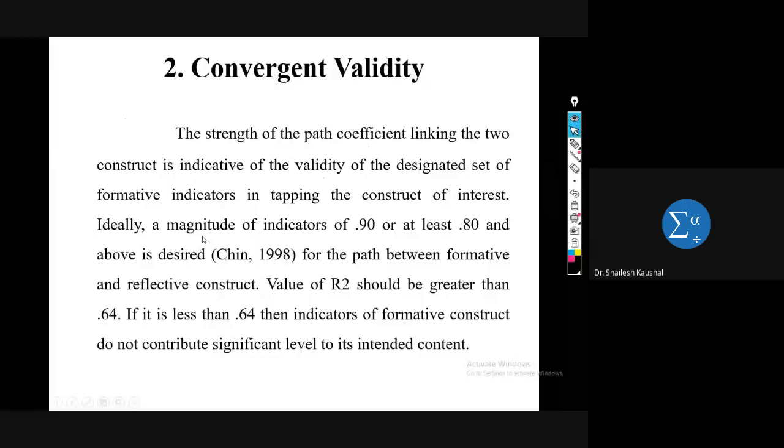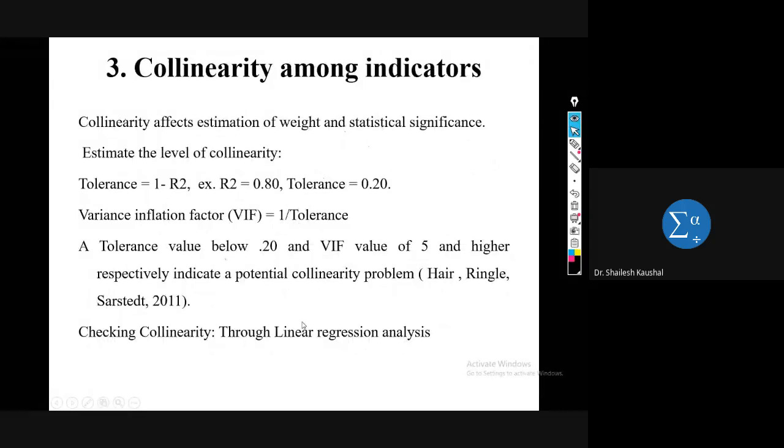Now second is convergent validity, and the R square value should be greater than 0.64. And the collinearity issue. Collinearity means tolerance and VIF. If the tolerance value is below 0.2 and the VIF value is 5 and higher, it indicates potential collinearity.